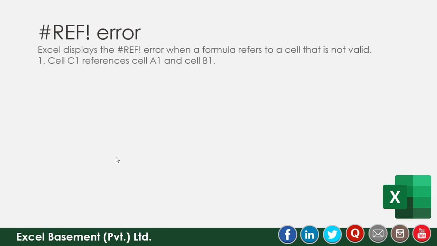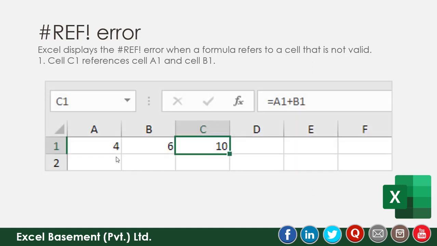Reference error. Excel displays reference errors when a formula refers to a cell that is not valid. Let's see an example. Cell A1 contains a number, B1 contains a number, and we are adding the two cells A1 and B1 in C1, and the output is 10.